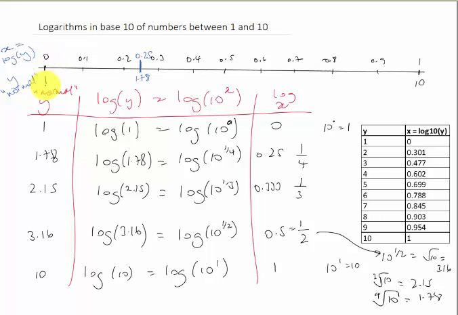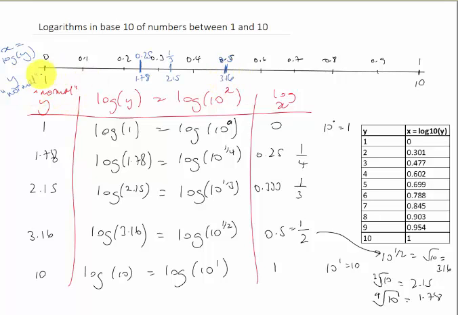So we've got 0, the logarithm is 0, the normal number is 1, log is 1, normal number is 10, log is 0.25, normal number is 1.78. Similarly, if the log is 1/3, then the normal number is 2.15, and if the log is 1/2, then the normal number is 3.16.